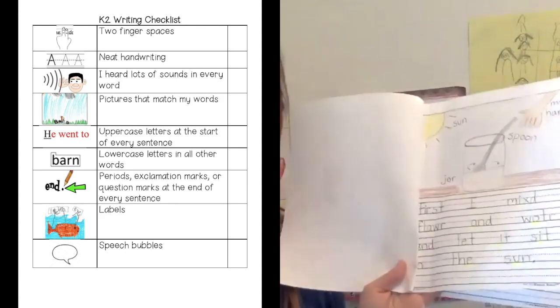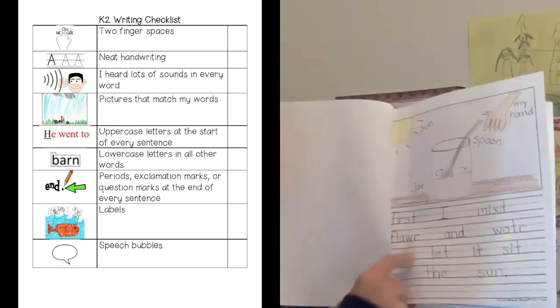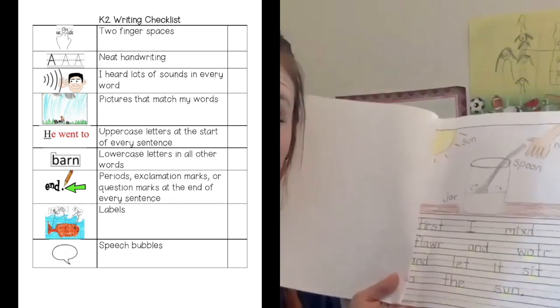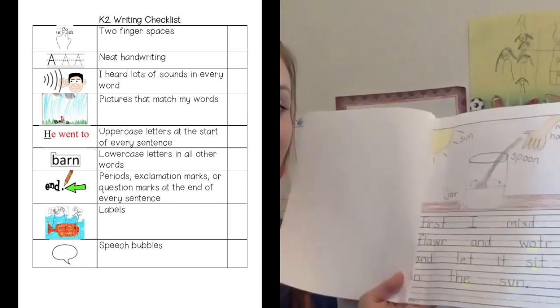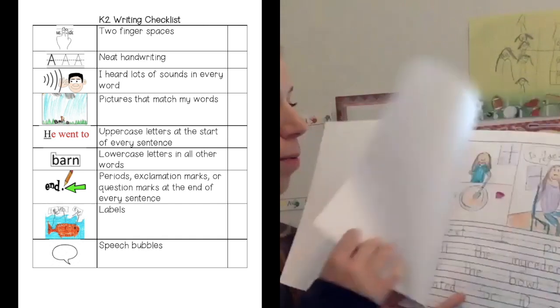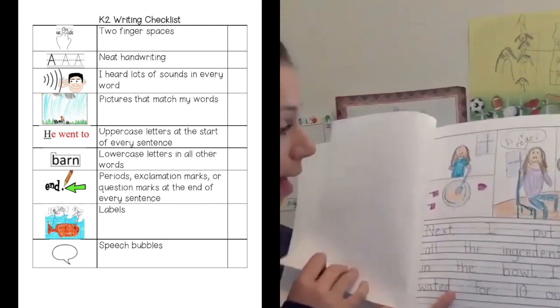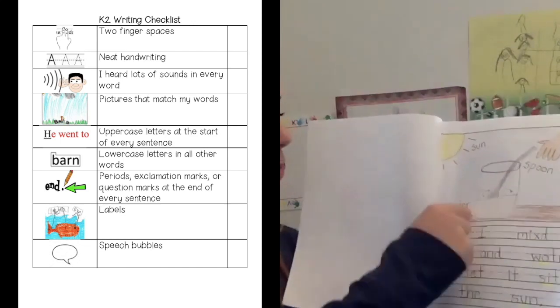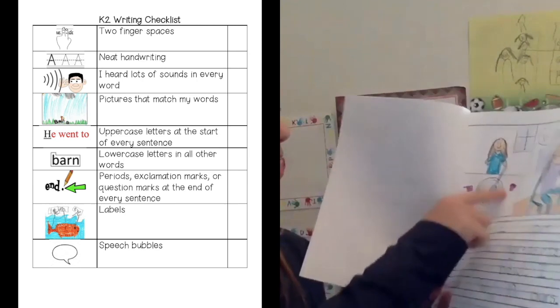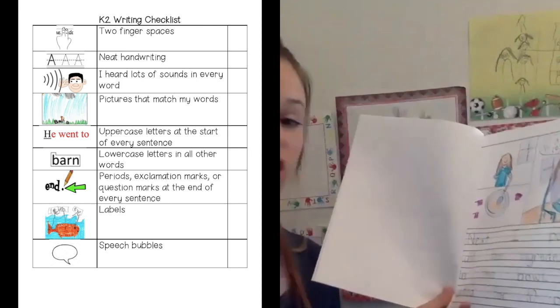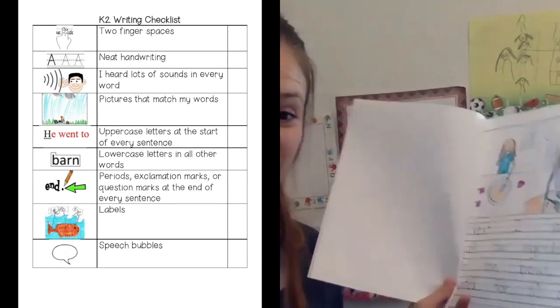Yeah, neat handwriting, check. Have I heard lots of sounds in every word? Check. Let's see, do I have pictures that match my words? Yeah, this is the bread sitting out in the sun, and this is me mixing and then waiting. That matches my words. Check.